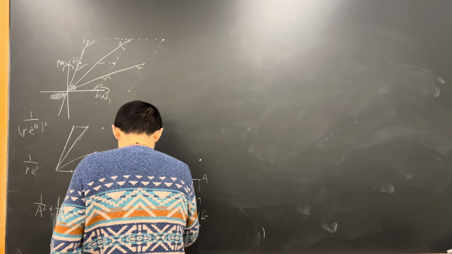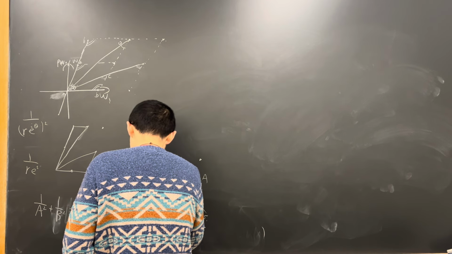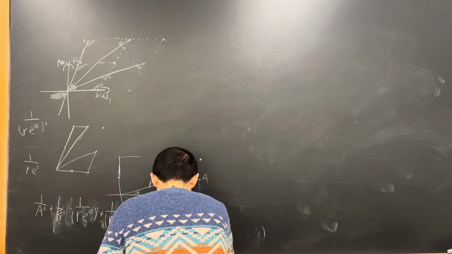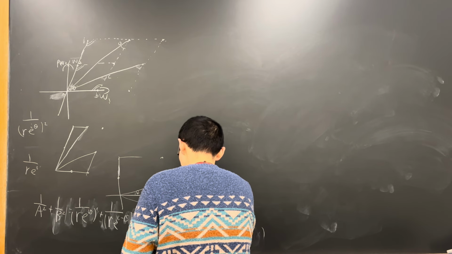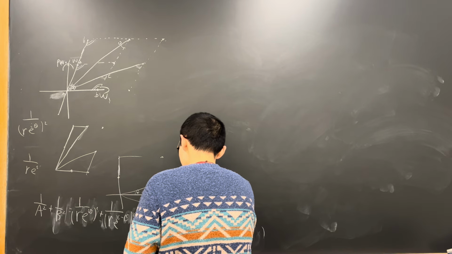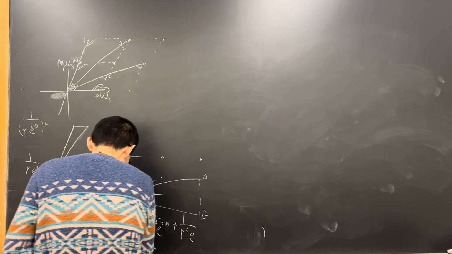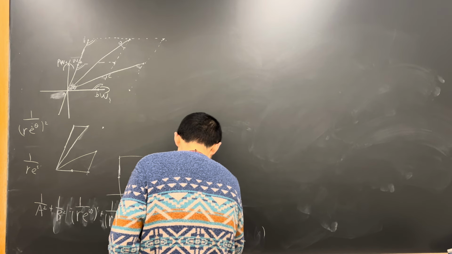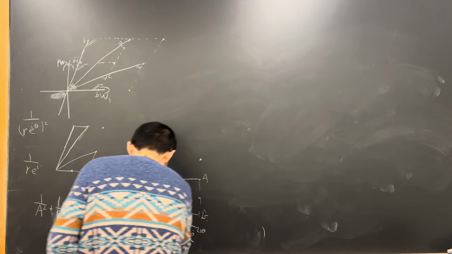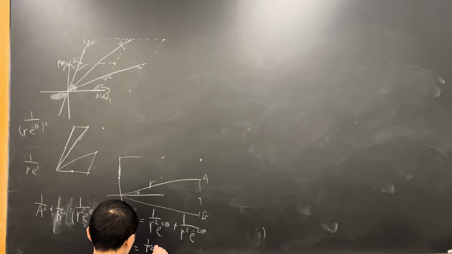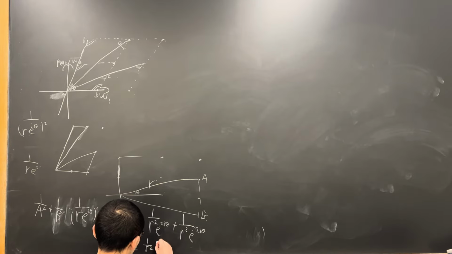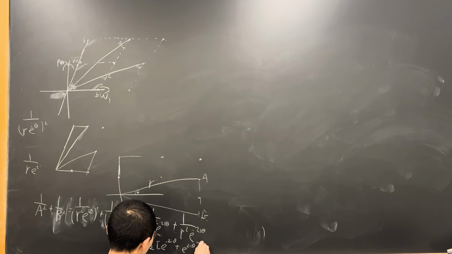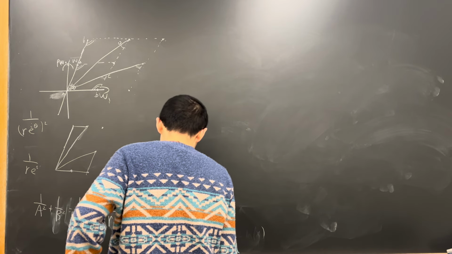That is 1 over R squared e to the 2i theta plus 1 over R squared e to the negative 2i theta, which equals 1 over R squared times e to the negative 2i theta plus e to the 2i theta. So these two don't cancel out.